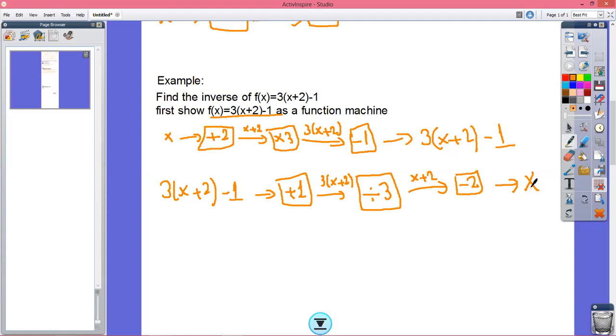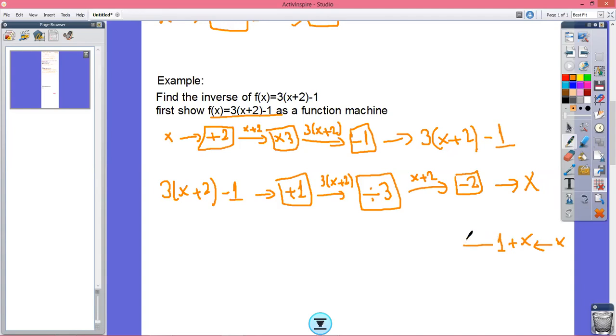Let's go back from here. From x, we are going to add 1. From here to x, we are going to make plus 1. We are going to go back now. Now we have at the end x plus 1.